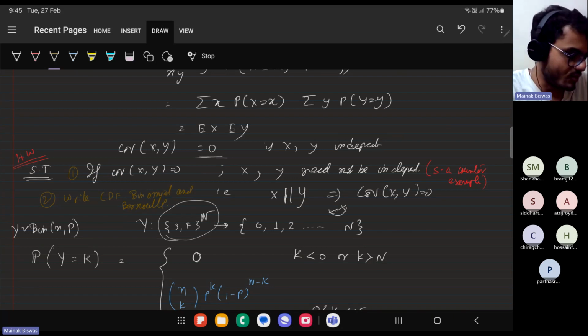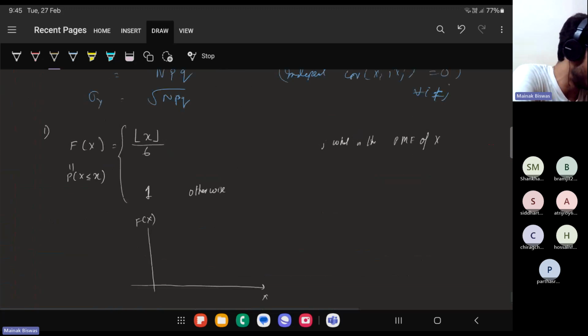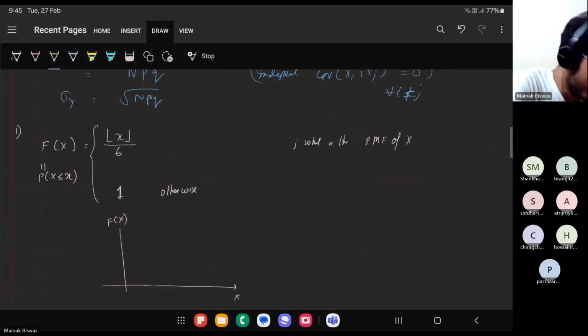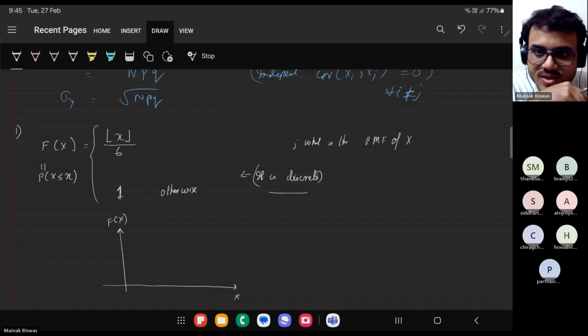You will write the CDF of Bernoulli and binomial and you will be understanding. But here I'll be showing you the reverse. I have given you the CDF. I want you to find the PMF. I'm telling you it is discrete, and I'll show you why it is discrete. And we'll derive one interesting property also from this.